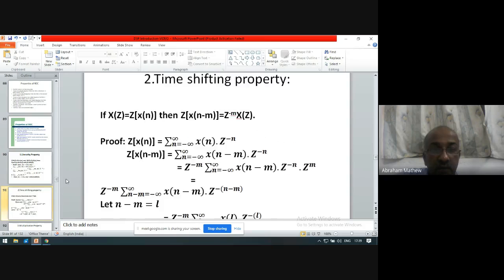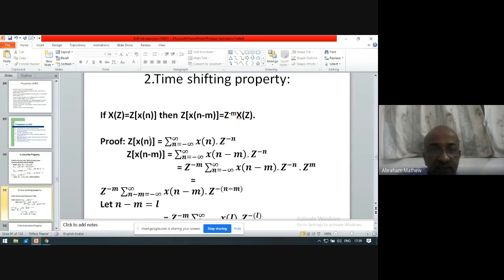Again, we can have time shifting property. Time shifting property says that if x of Z is equal to Z transform of x of n, then Z transform of x of n minus m is equal to Z power minus m x of Z. This is known as the time shifting property.